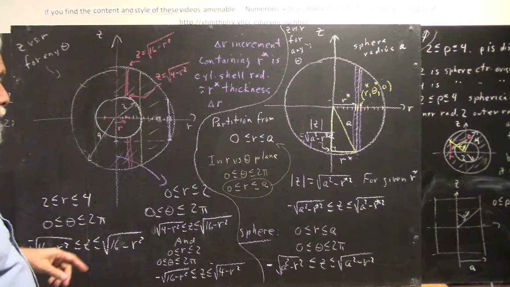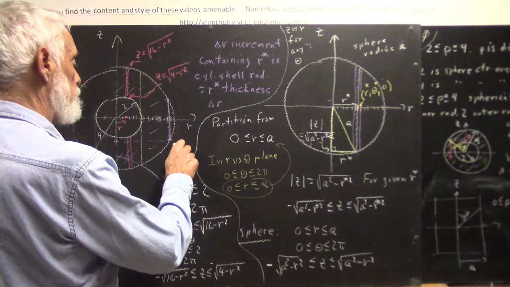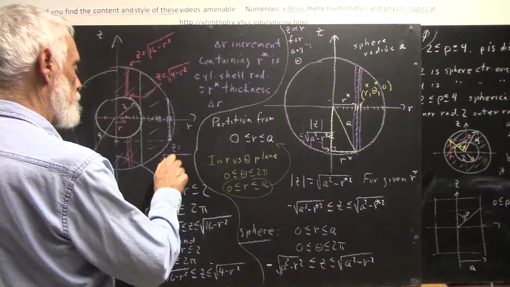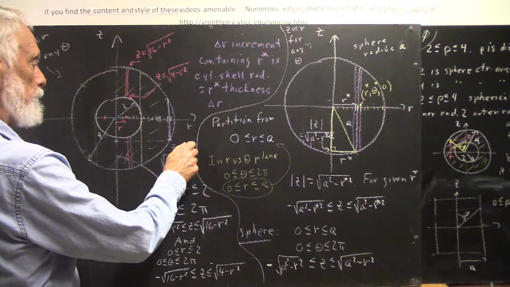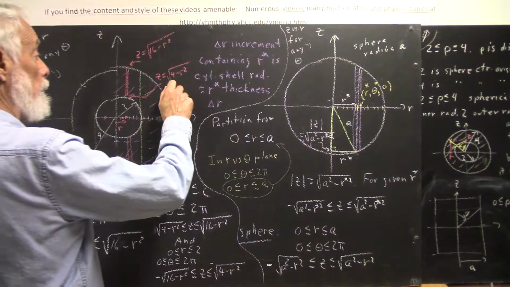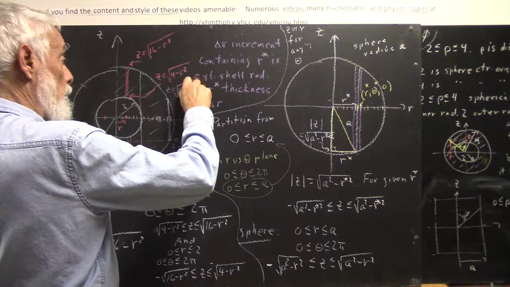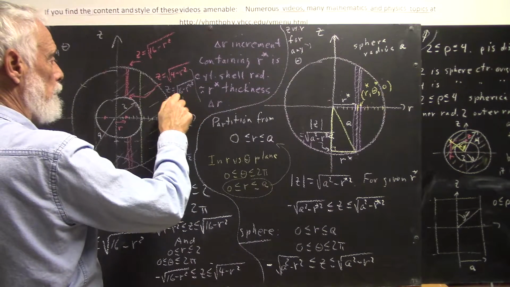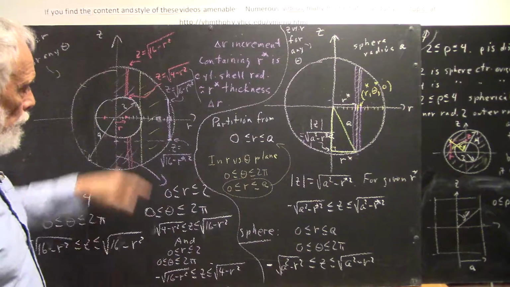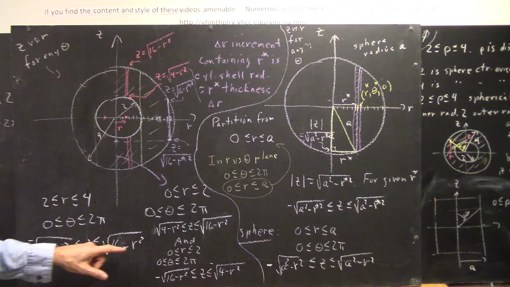And as a result, the z coordinate is going to be, at this point, the square root of 16 minus r star squared, and down here, the negative square root of 16 minus r star squared. So whatever r star happens to be at this point, z is going to go from negative square root of 16 minus r star squared to the square root of 16 minus r star squared.